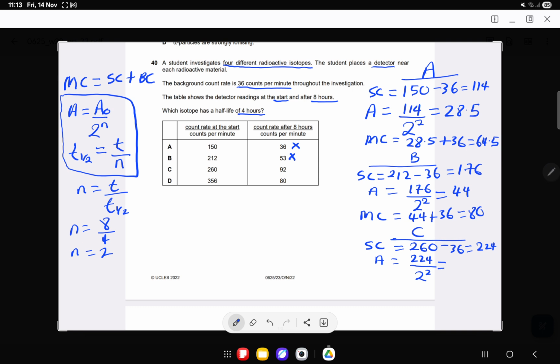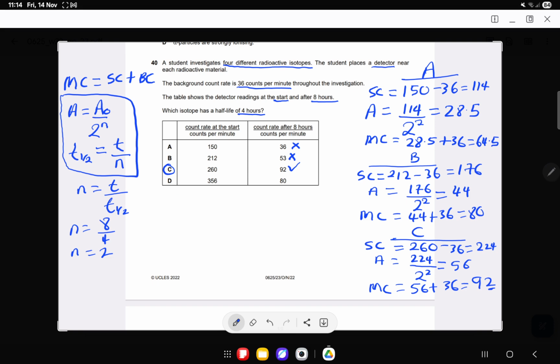This will give us 56. Now if I want to get the measured count rate for this case, it will be this 56 plus my background count rate, which is still 36. If I compute that, I'm getting 92. So for option C, the measured count rate after the 8 hours is 92, and this is 92. So option C is correct. So my answer is C.